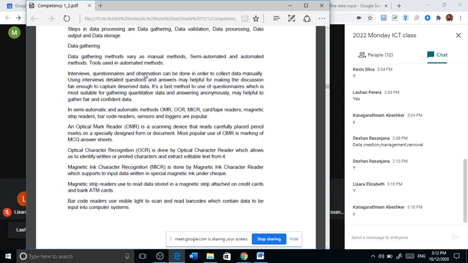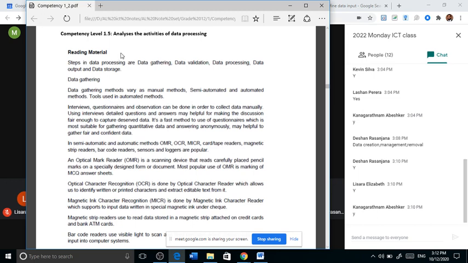Okay, right? So what are the main steps in data processing? Data gathering, data validation, data processing, data output, and data storage. You have to know that. Here they have given data gathering methods. How can you gather the data?